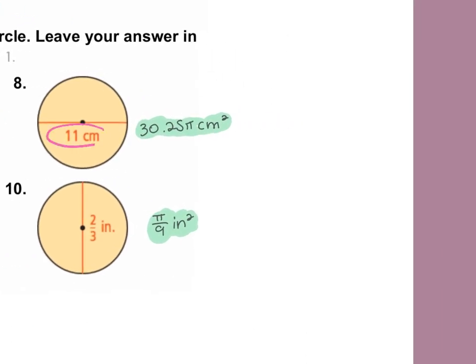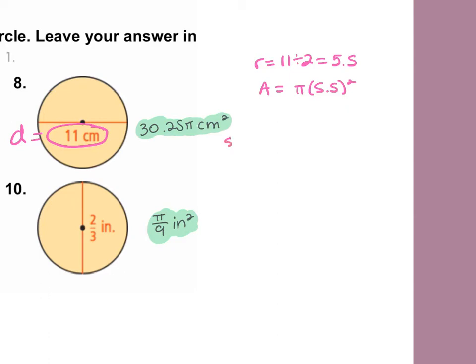So 8, this 11 is your diameter, which means the radius would be 11 divided by 2, or 5.5. So that's my radius, right? So then when I write my equation, it's A equals pi 5.5 squared.